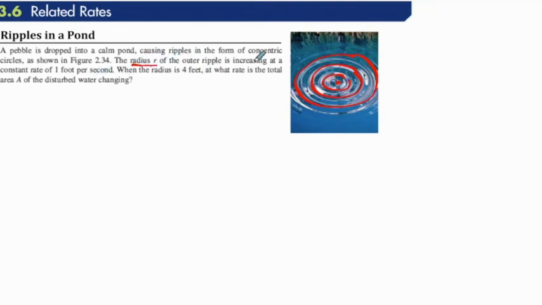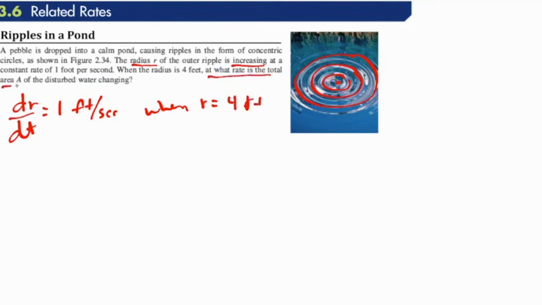We're talking about the radius r increasing, so it's dr/dt equals 1 foot per second. When the radius is 4 feet, when r equals 4, at what rate is the total area of the water being changed?